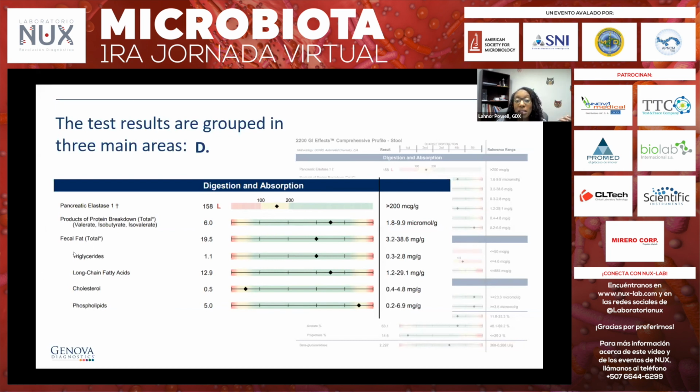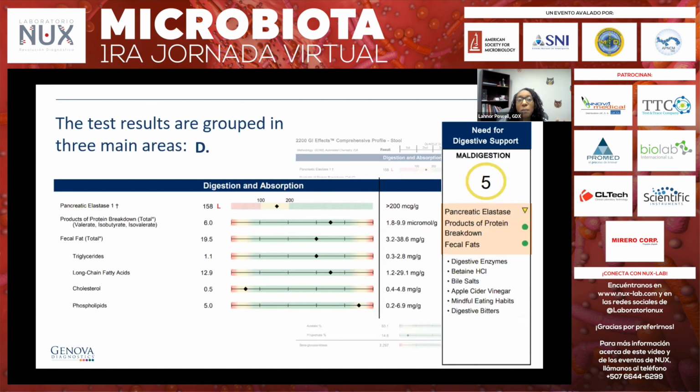Total fecal fats. When this is high, that means we have more fat in the stool. Maybe you're just doing a ketogenic diet. But we can also see higher fats in the stool if you don't have adequate bile to break down your fats to use, or even conditions like celiac disease, where you have a blunting of the microvilli causing you to malabsorb things, especially your fats.